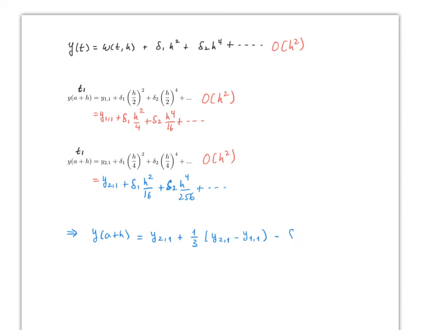Then minus delta 2 H to the 4 over 64, and so forth. So you can rewrite this as Y22 minus delta 2 H squared over 64 and so forth.